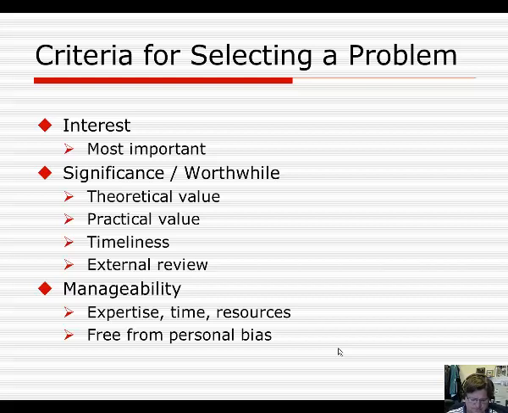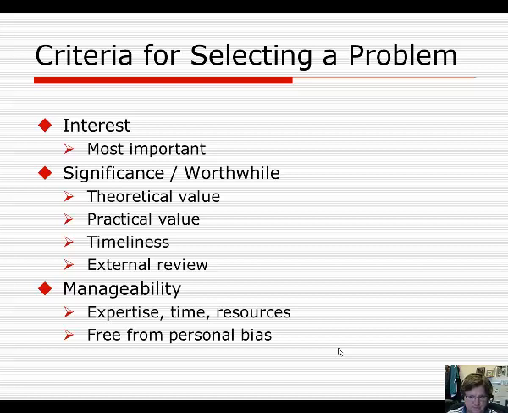First of all, and the most important criteria, is your interest in the problem. So it's only a good research problem or research question turned into a research problem if it's of major interest to you.